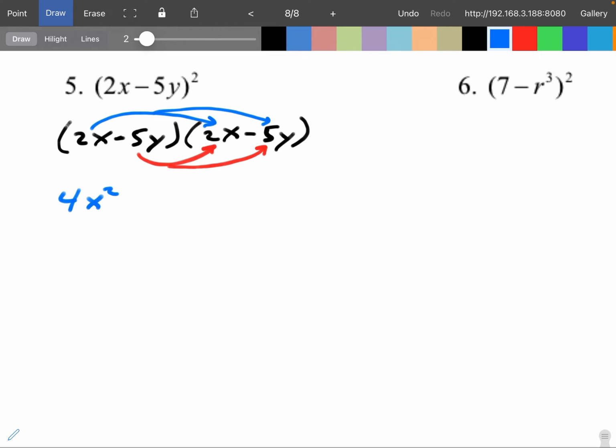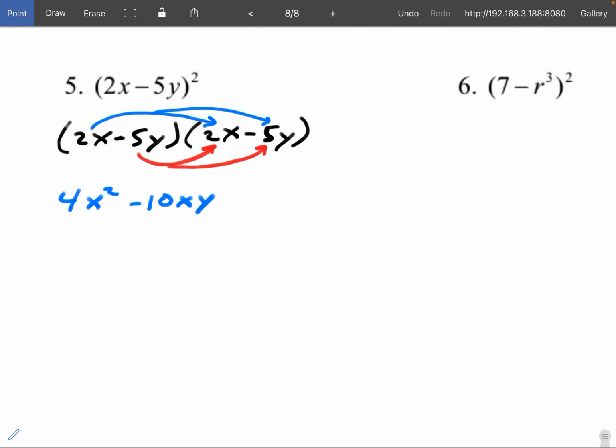So 2 times negative 5 is? What's 2 times negative 5? Good, negative 10. So negative 10, and I still have the x times the y, so that's going to give me an xy.